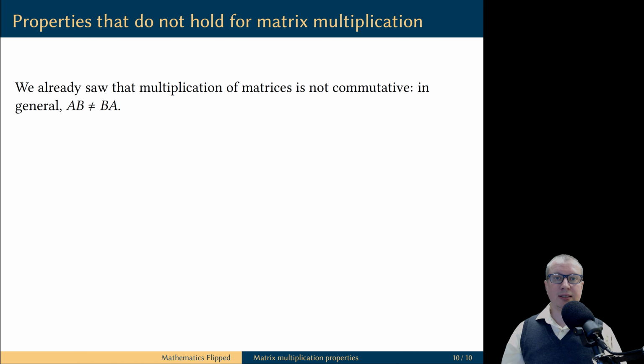To conclude this lesson, let me indicate several other properties of multiplication for numbers that do not extend to multiplication of matrices. We already observed at the very beginning that matrix multiplication is not commutative, but this is not the only property of multiplication of numbers that fails for matrices.